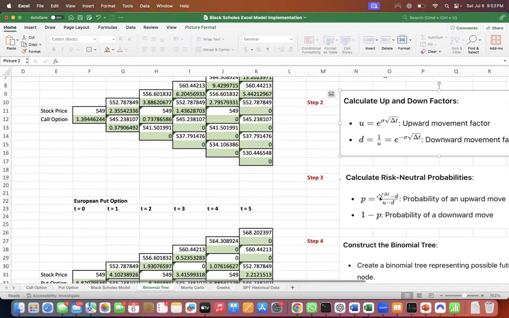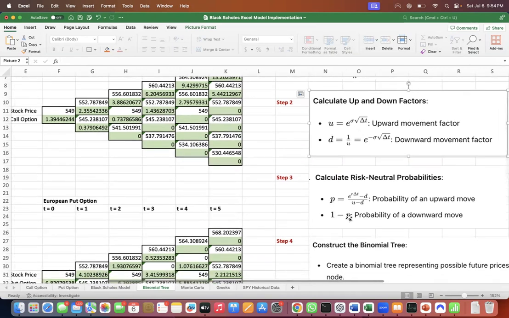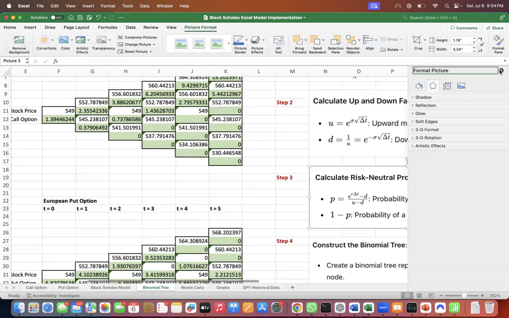The risk neutral probability is the probability of the upward movement and the downward movement. u and d tell you how much your stock can go up and how much it can go down, whereas P and 1 minus P tell you the probability of going up and the probability of going down. P and 1 minus P are considered risk neutral probabilities: the probability of an upward move and the probability of a downward move.